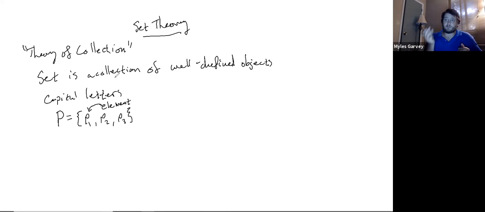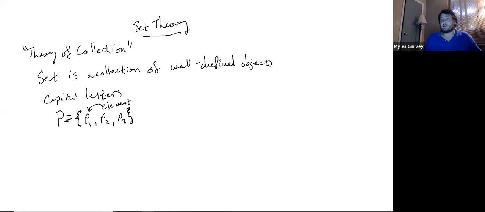If I have 3 pillows in my house and I label them P1, P2, P3, then when I write this notation here, what I'm saying is that capital P is being used to refer to the collection, which I denote with my horribly drawn braces here, the collection of distinct elements.